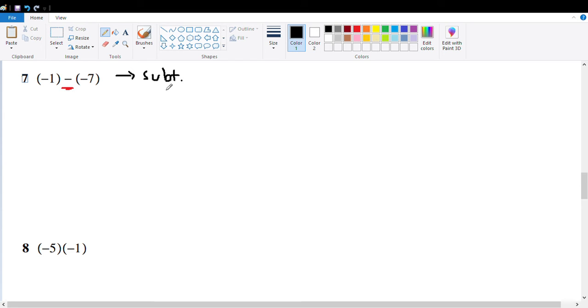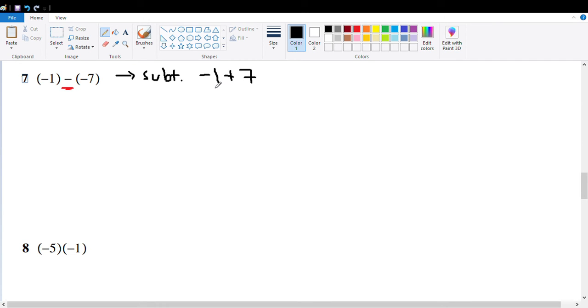The subtraction rule says we're going to change this into plus, but that's not it. First things first, negative 1 stays the same. Minus changes to plus. And now we're going to have negative 7 again? No. What we're going to have is the opposite of negative 7, in this case, positive 7.